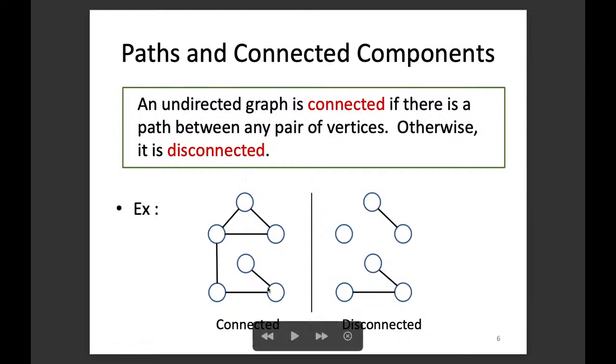So this one is connected. You can reach every vertex from every other by using the roads here. Now this graph is disconnected. For instance, I cannot reach any other city starting from this one. There is no road joining between them. So this is a disconnected graph.